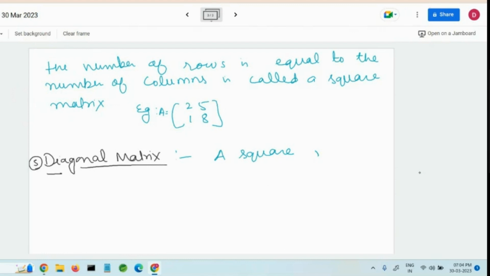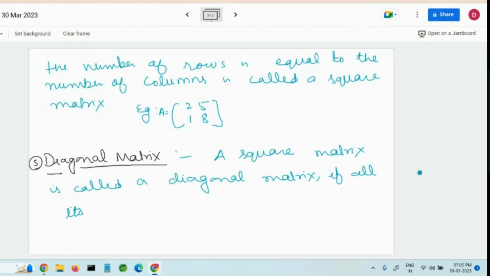A square matrix is called a diagonal matrix if all its non-diagonal elements are zero.